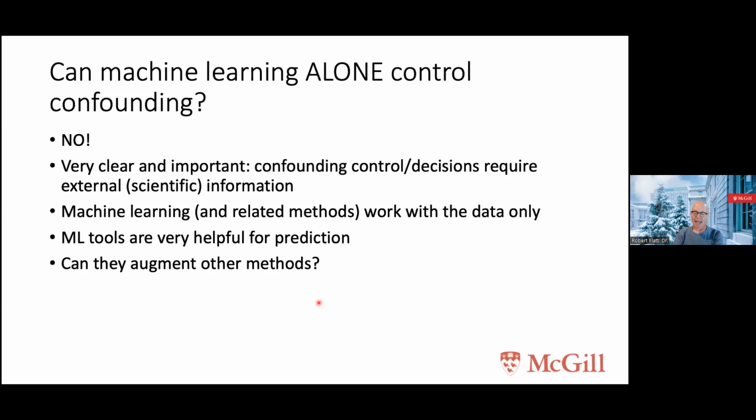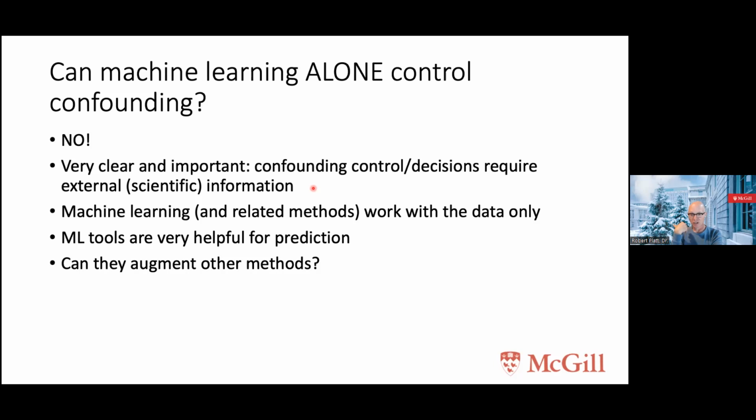This first one, I hope, is relatively clear already. Can machine learning alone control for confounding? My answer is an emphatic no at this point. This first point is, I think, well known: confounding control decisions require external information. You need to input information about when variables occurred, whether they happened before the exposure or after the exposure, and what you think the scientific structure of the problem is.